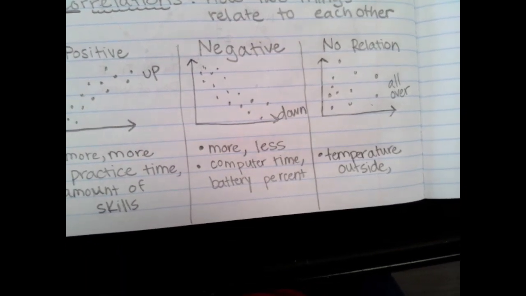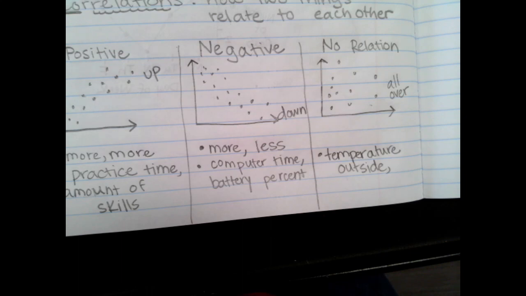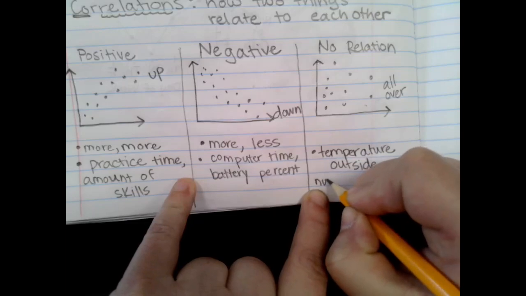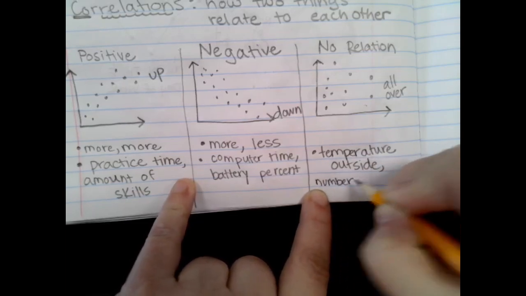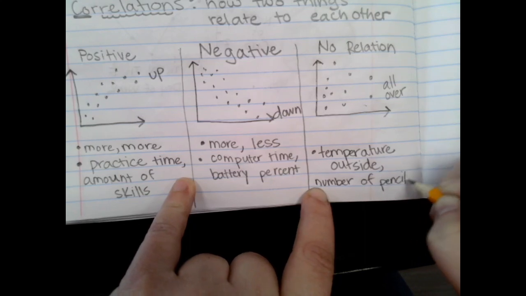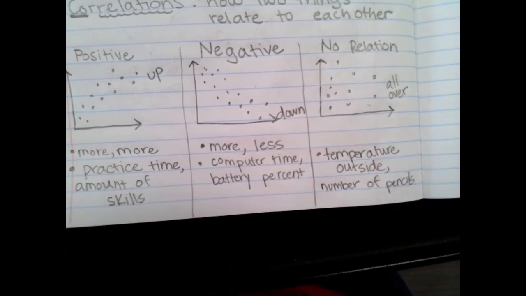What about the house? Inside the house. You're crazy. The temperature outside and maybe the number of pencils you have. What happens if it's too cold in your house and you have to burn wood? Okay, now you're getting into the real hypotheticals here.